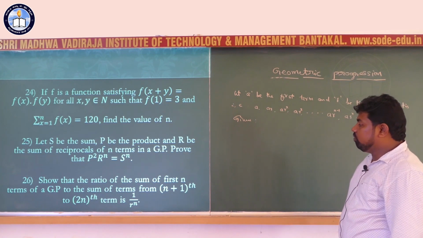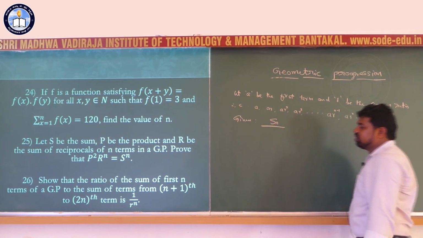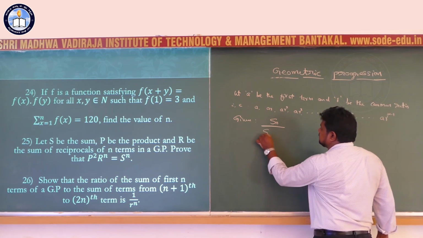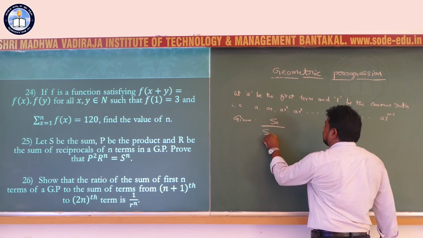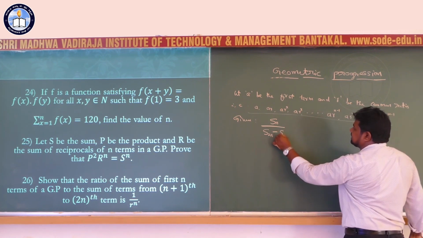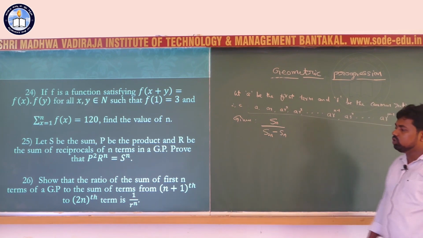the ratio of the sum of first n terms of GP, that is Sn, to the sum of terms from n plus 1th term to 2nth term, that is S2n, the sum of first 2n terms minus the sum of n terms, minus Sn, that gives the sum of terms from n plus 1th term to 2nth term.